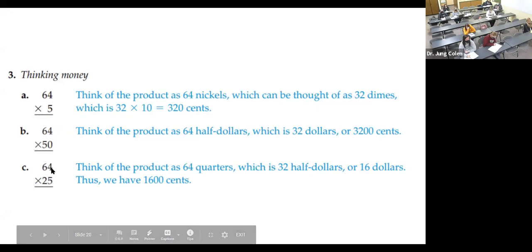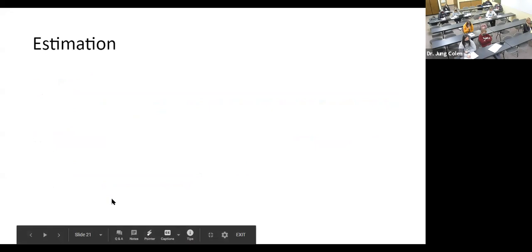So think about 1/4 of $64 or 6,400 cents. What's 1/4 of $64? Just divide that by 4. So you have $16 or 1,600 cents. Yeah. Okay. Especially that's helpful when we are doing percentages and fractions, like 25%, 75%, things like that.